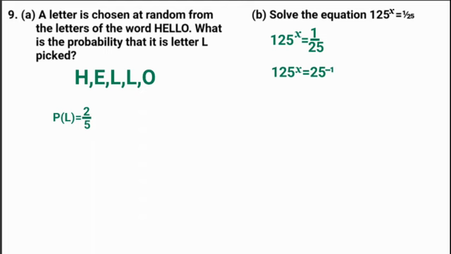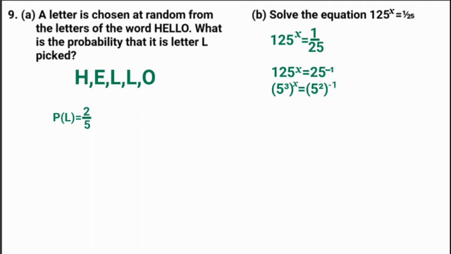So we're going to write 125 as 5 raised to the power of 3, which is raised to the power x, which will be equal to 25 written in exponential form, which is 5 squared, raised to the power of negative 1.